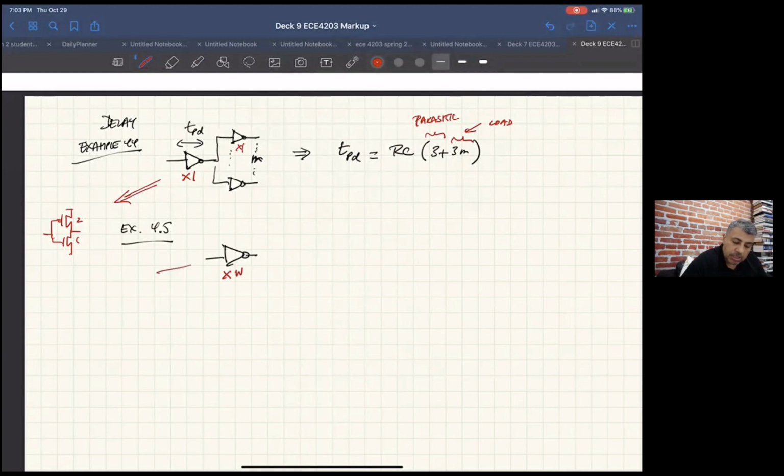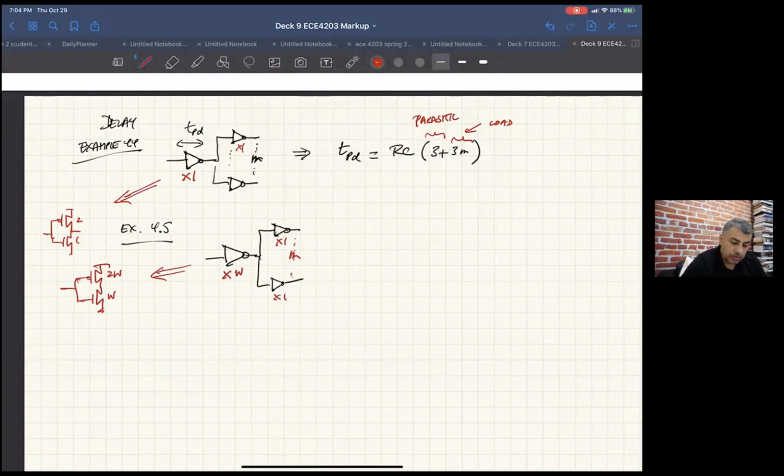By that I mean that the P's are 2W and the N's are W. And that guy was driving M times 1 inverters.